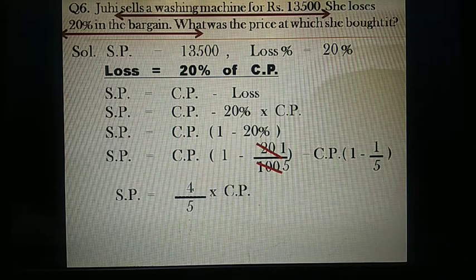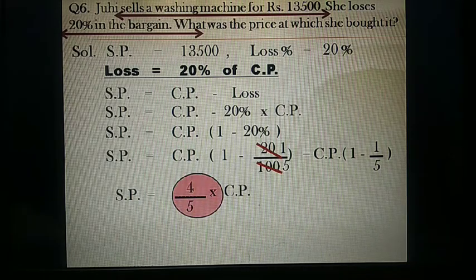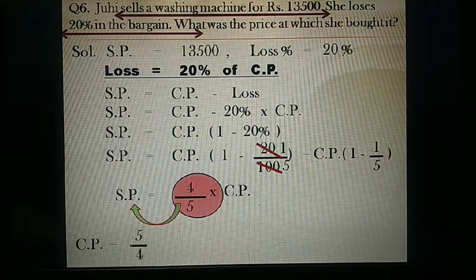Now here we are supposed to find the value of CP and SP is given to you. So we will shift this fraction to the other side. While shifting the fraction, as right now we are multiplying it, when you shift it, a reciprocal of this fraction will get shifted to the other side. So here you will get CP as 5 upon 4, the reciprocal of the fraction, multiplied by SP.